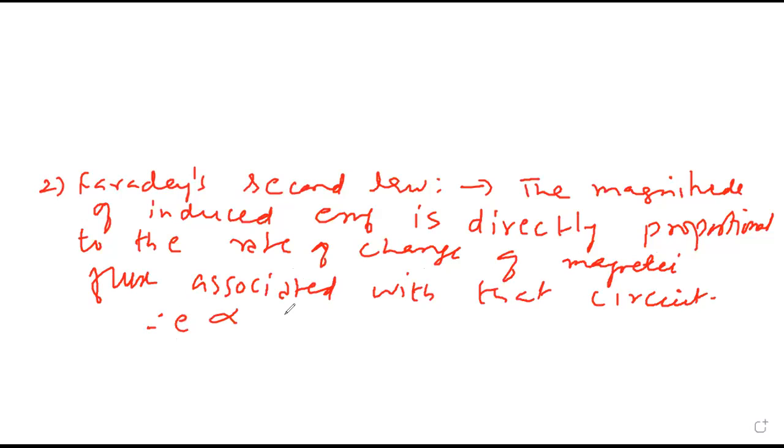Therefore, E is proportional to d phi by dt. The EMF induced in that circuit, also called average EMF, is equal to change in flux upon time, d phi by dt. This is generally called average induced EMF.